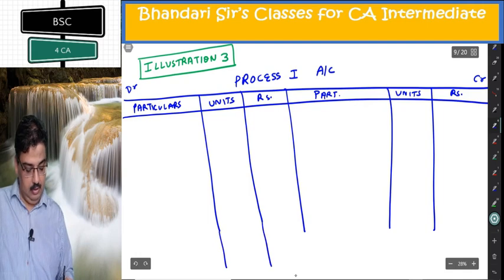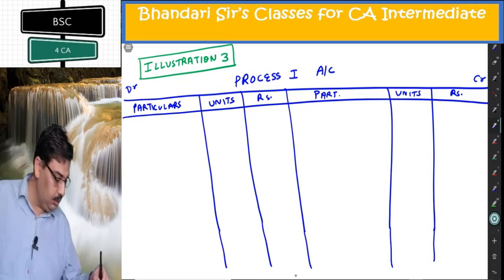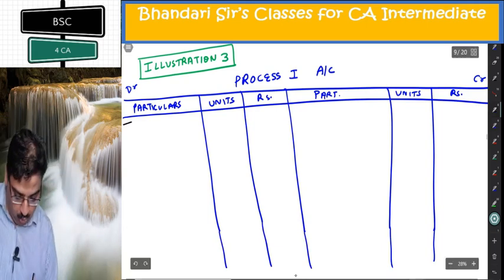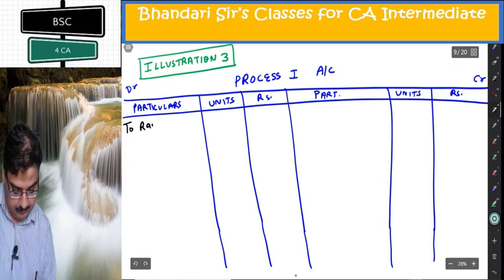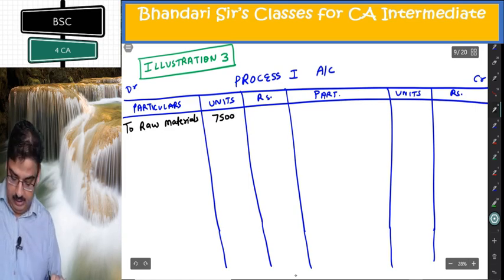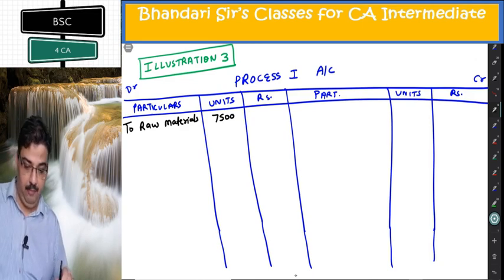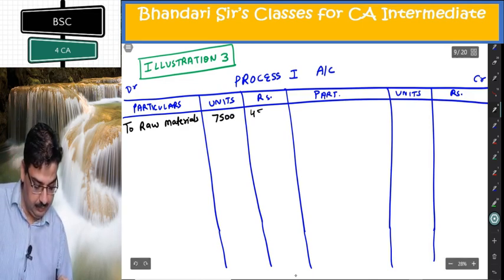I start with the first process, material there. The question tells me raw materials used, two raw materials, 7,500 units and 60 per unit is the cost. So I am getting an amount of 4,50,000.